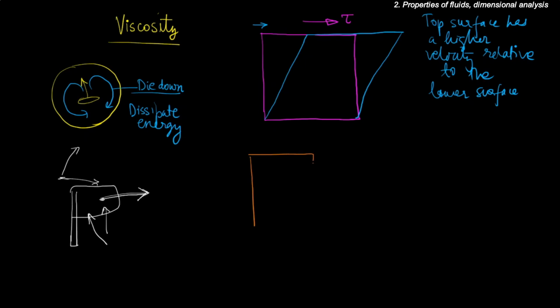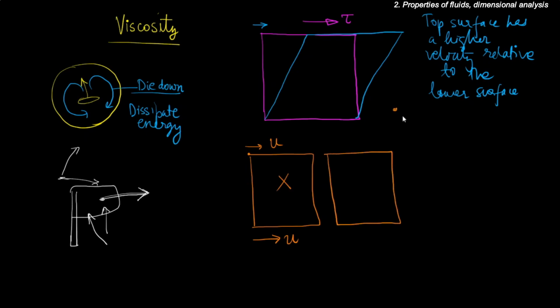If there was no gradient in velocity, meaning if the top and bottom velocities were both u, there would be no deformation of the surface, but rather a net translation of the fluid element. So the corollary is deformation occurs only because of gradients in velocity. Uniform velocity has no contribution towards deformation.